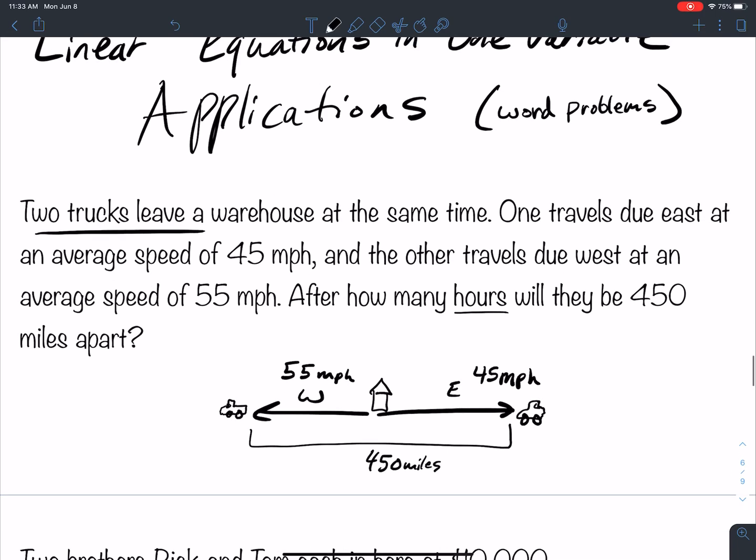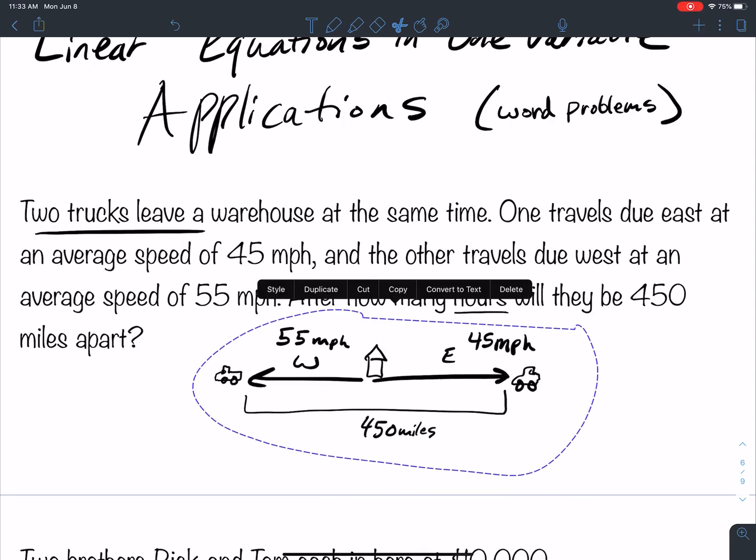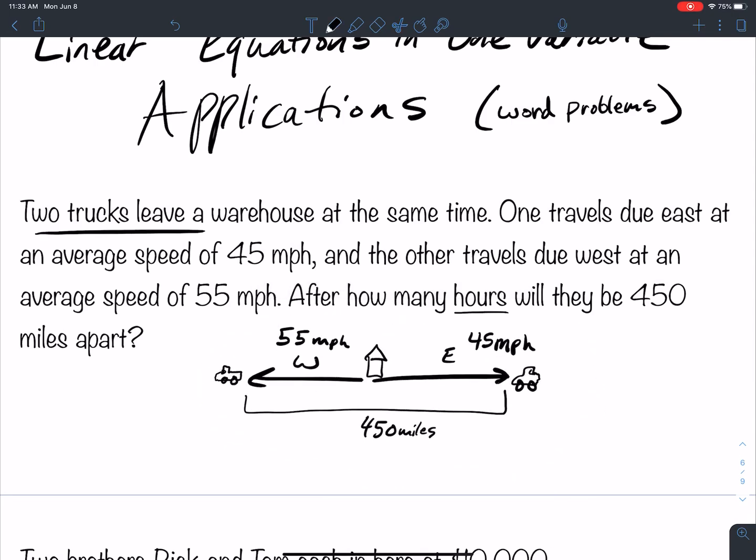So how long will it take for this to occur? That's the question. Since east and west are in opposite directions, to get this total, we add those two distances together. We need to talk about how distance is calculated. Distance is calculated by the rate multiplied by the time.